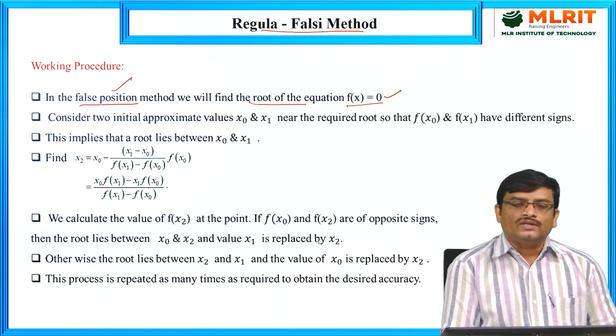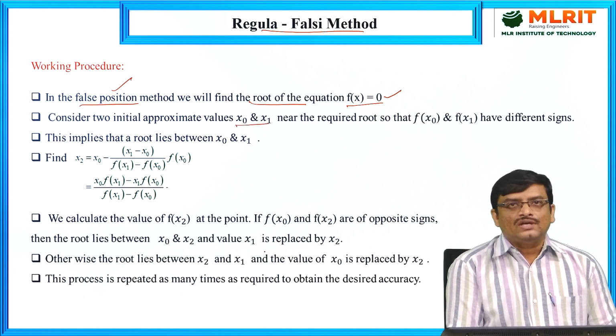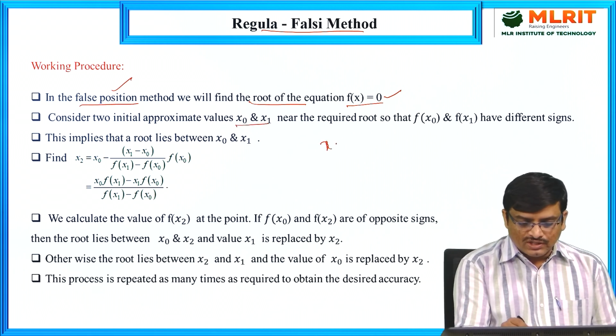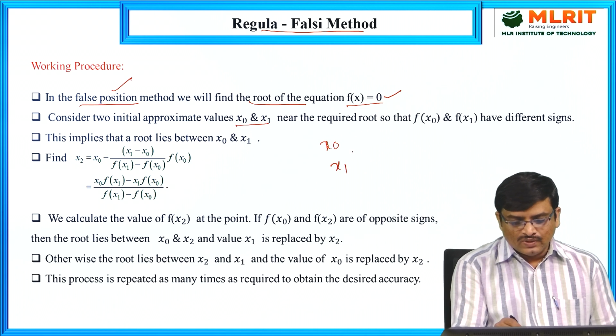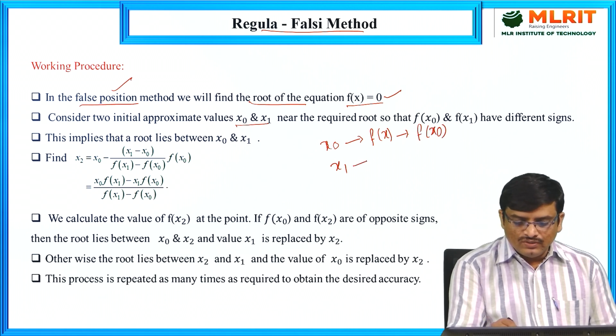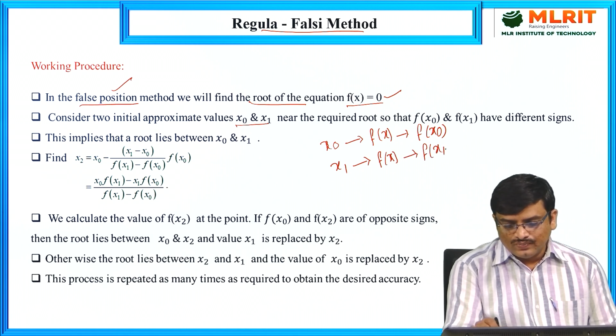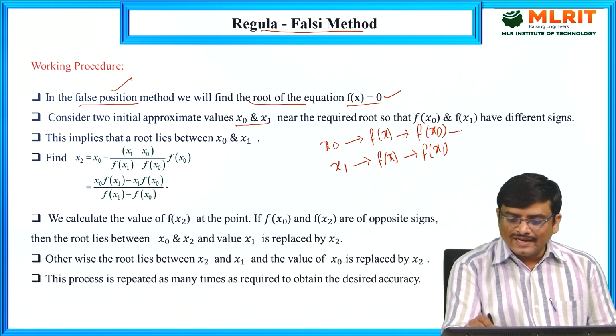First, we have to consider two real numbers x0 and x1. If you substitute x0 in the function f of x, you will get the value of f of x0. Similarly, you substitute x1 in the function f of x, you will get f of x1. Suppose this f of x1 is a negative value and this must be a positive.